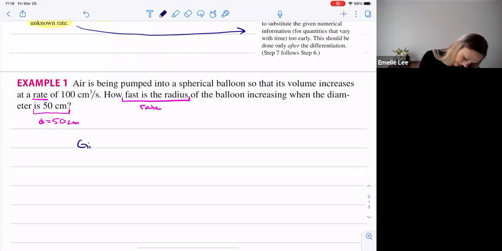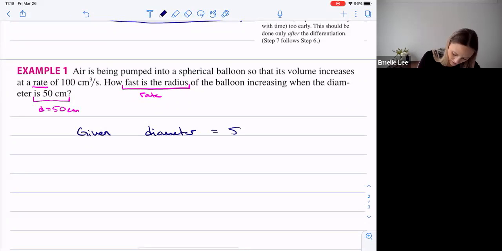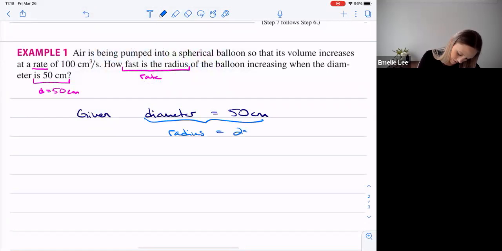Let's talk about the diameter first. The diameter is 50 centimeters, but from there, of course, if we want to talk about the radius, then how about we just convert this? This is easy enough to find that the radius then must be 25 centimeters, right?